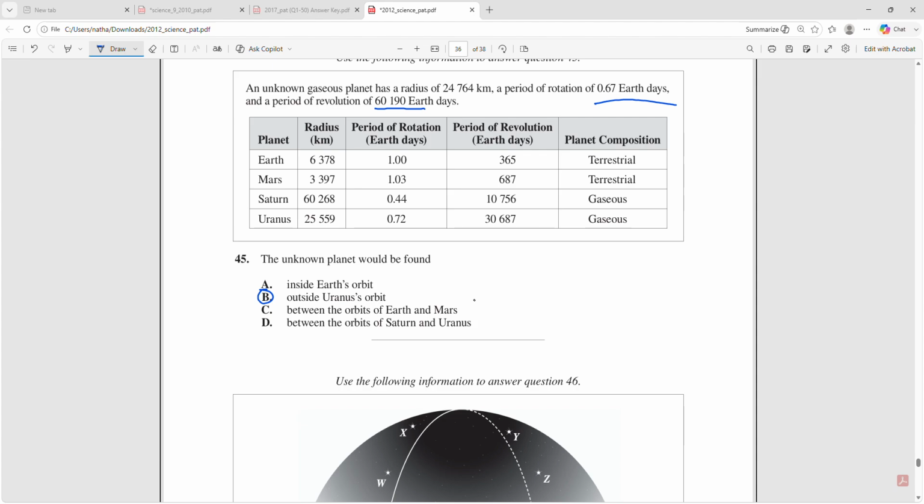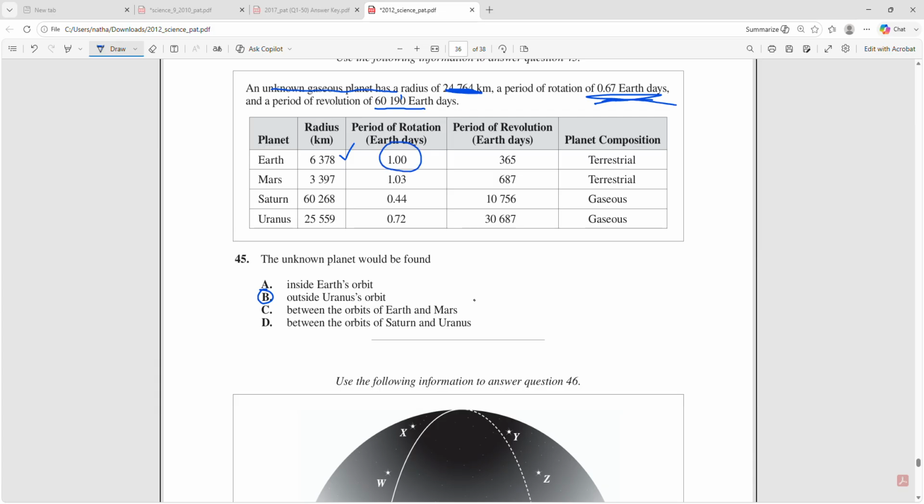So here's some other ones to consider. So Earth, the radius is 6,000. That's the radius of the planet, right? And this is some unknown gaseous planet. This is its radius and its period of rotation. And so period of rotation is how fast it spins.